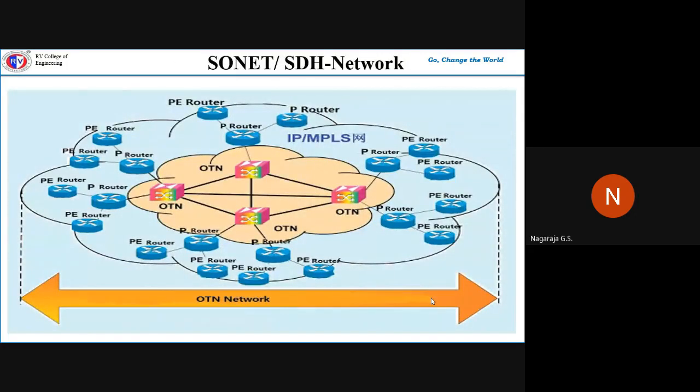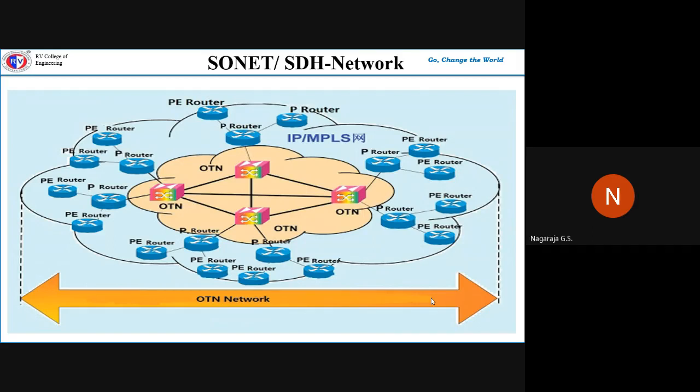This is a typical OTN network relating to your Sonet technology. Just observe it at the core level. We have switches in OTN. As and when we move to the distribution level, we have two types of routers here.